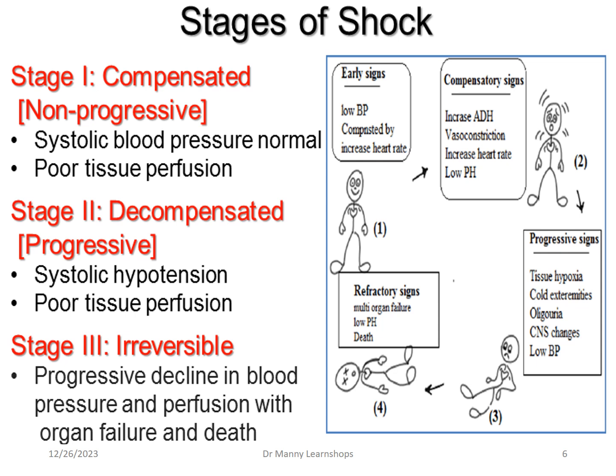Decompensated, you've got all the same signs of decreased tissue perfusion, probably worse, but you're hypotensive as well. Blood pressure less than 90 millimeters of mercury in an adult. Stage 3 is a progressive decline in the blood pressure and perfusion to organs and eventually failure and death. Stage 1, compensated. Stage 2, decompensated. Stage 3, irreversible.